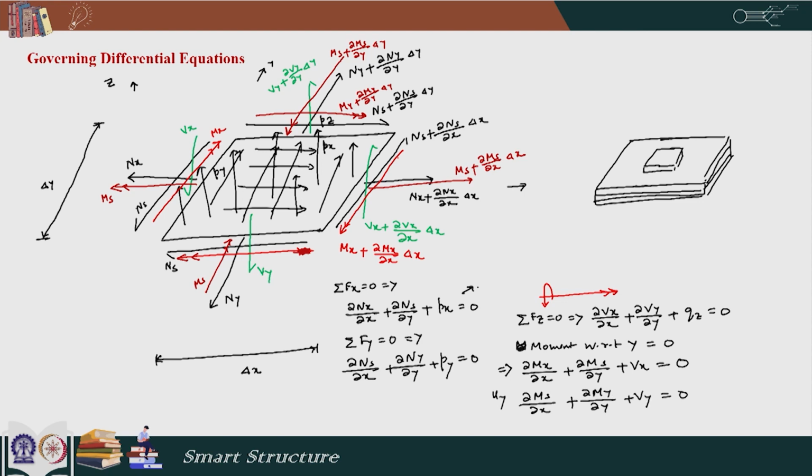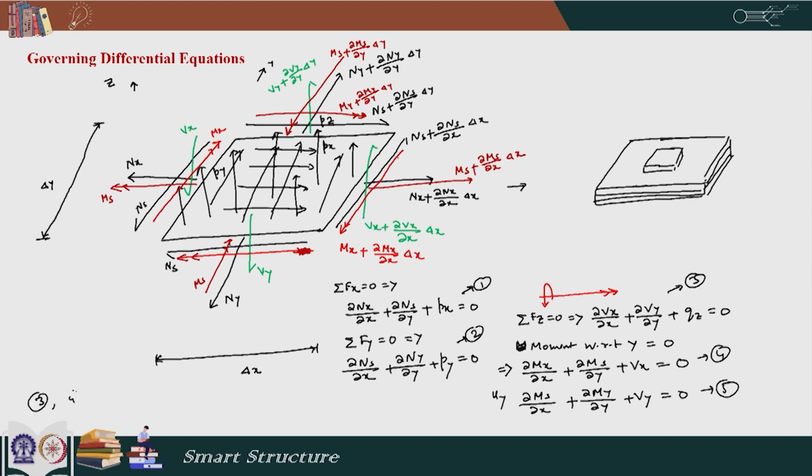So, this we can call equation 1, this equation 2, this equation 3, then we have 4, then 5. So, combining 3, 4, 5.